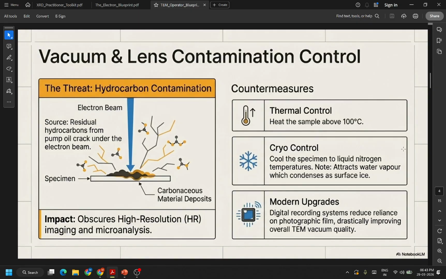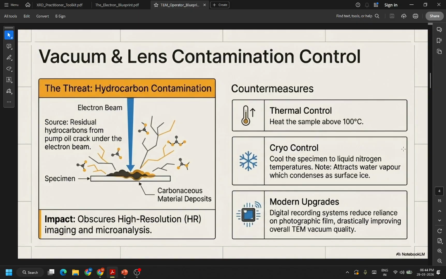We heat the samples above 100 C to evaporate any contaminants, or we cool the specimen to liquid nitrogen temperatures to prevent water vapor from condensing as surface ice. So heating avoids water, but if we are cooling, we will have that issue. If there's water vapor present, it will condense on the surface as ice.